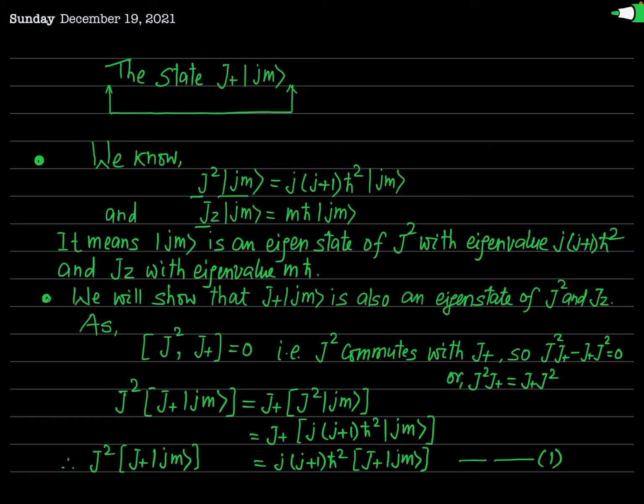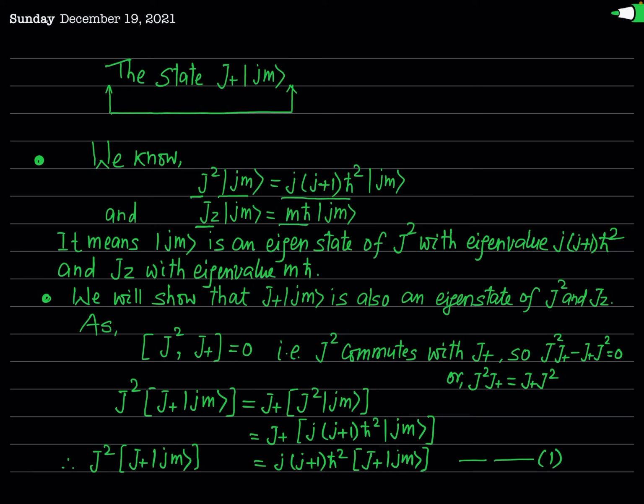You know that the eigenvalue of the operator J squared is j times (j plus 1) times h bar squared, and the eigenvalue of the operator Jz which we have obtained in the previous lecture was m h bar.